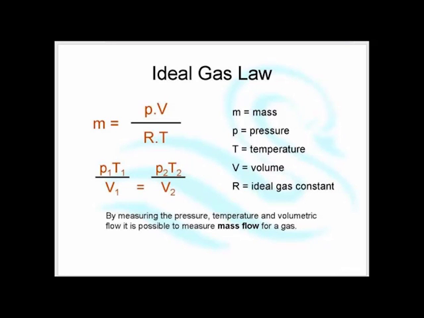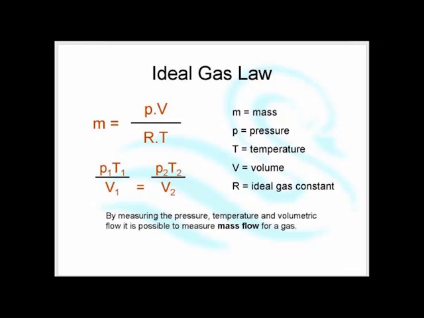The ideal gas laws say that there's a relationship between pressure, temperature, and volume. And that relationship is a thing called the ideal gas constant. It's called the ideal gas constant because it only works for gases which are behaving the way they should.